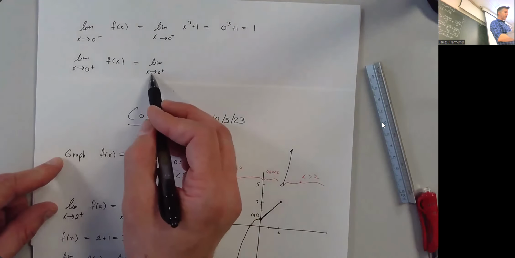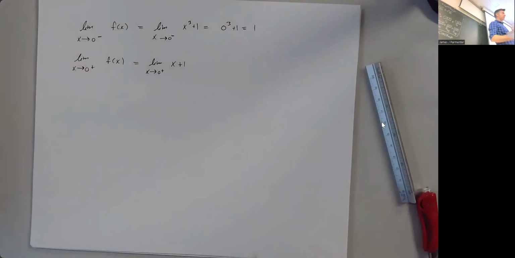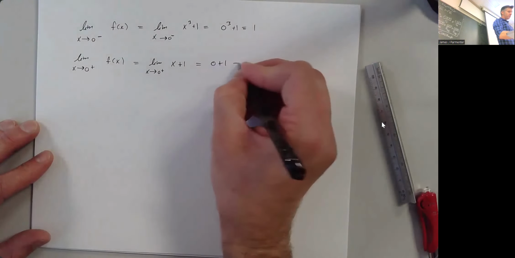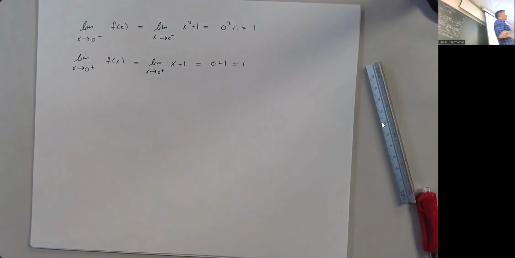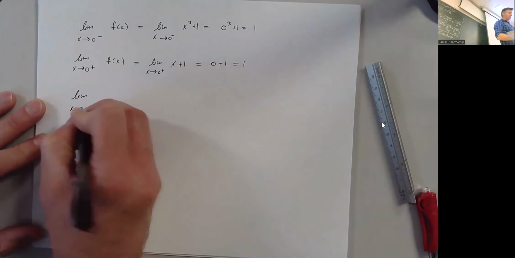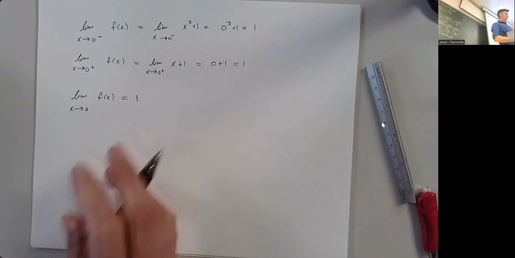So if x is approaching 0 from the right, we're using the x plus 1 piece. That's going to equal 0 plus 1, which is 1. And that means the overall two-sided limit does exist. We can say that the limit as x approaches 0 of f of x is equal to 1.